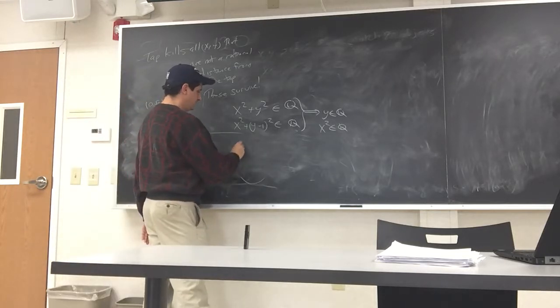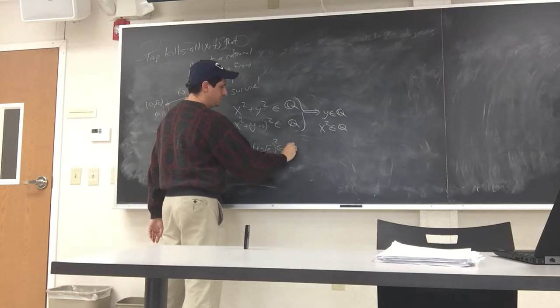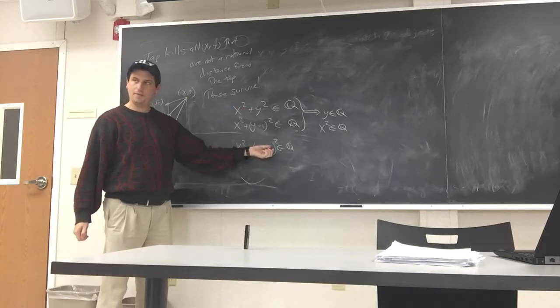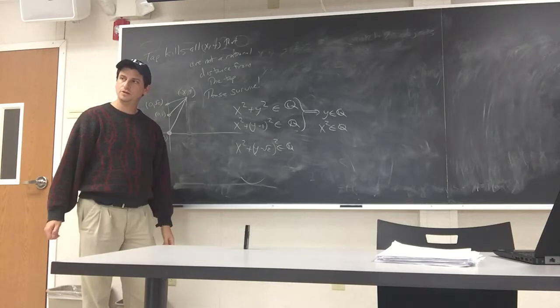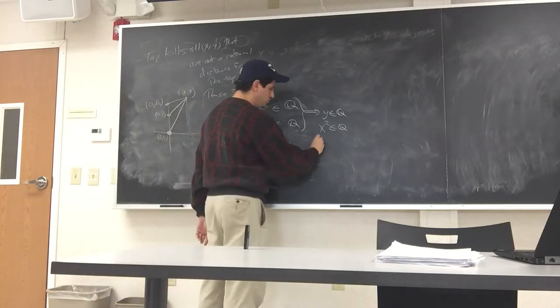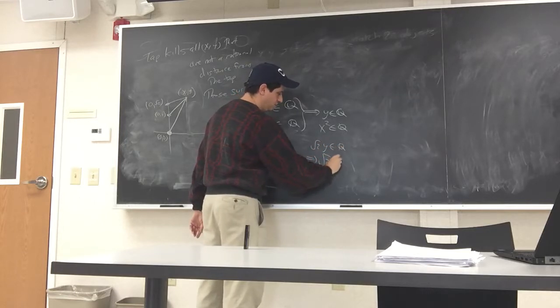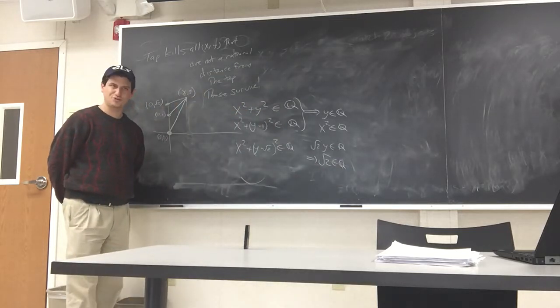Now you would get x squared plus (y minus square root of 2) squared is rational. So x squared plus y squared plus 2, that's all rational. Then you get minus 2 root 2 y is rational, so root 2 y is rational. Therefore, root 2 is rational. Contradiction.